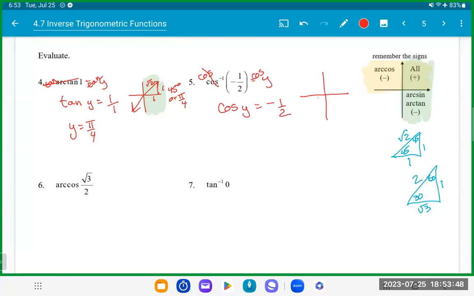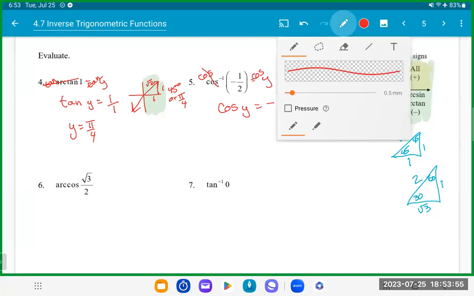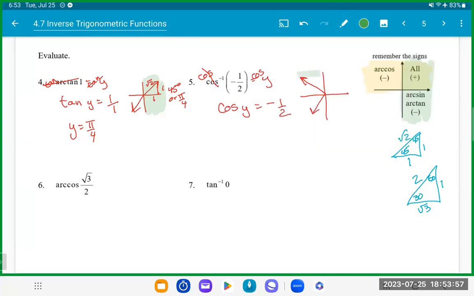I know my cosine is negative in the second and third quadrants. I also know it's an inverse, so I can only be in the first or second quadrant. So we go ahead and build our reference angle from here. Cosine is my adjacent over my hypotenuse. So this is my adjacent side, because remember, it's always the angle in with the origin.